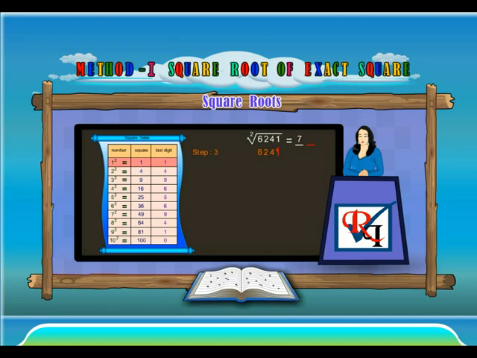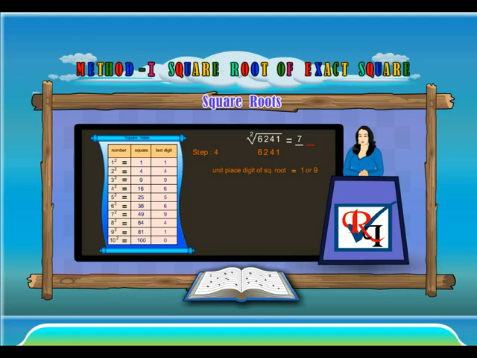Then we find that the square of 1 is 1 and the square of 9 is 81. Both contain the last digit 1 in their squares. So the unit place digit will be 1 or 9.